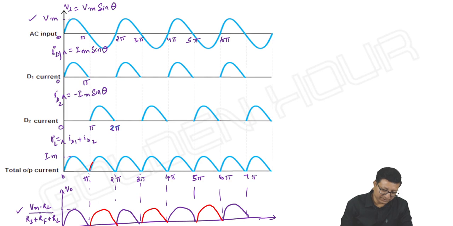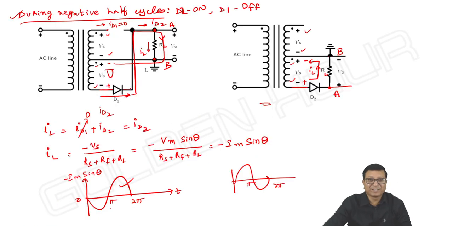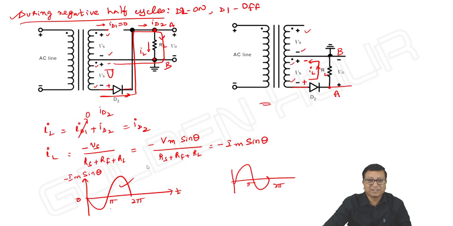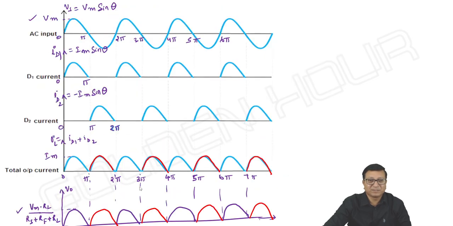I can even change this color, because here I wrote purple, and here red for negative cycles, just to see some difference. Then this is how we get the output current or output voltage waveforms.